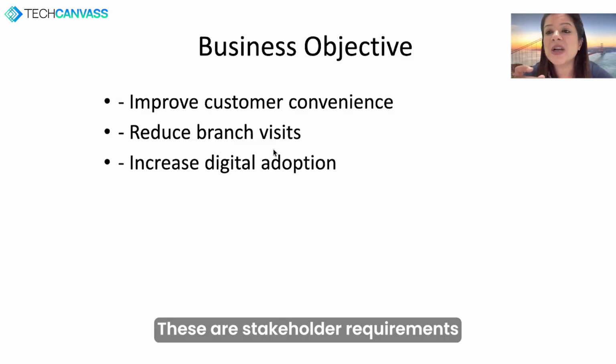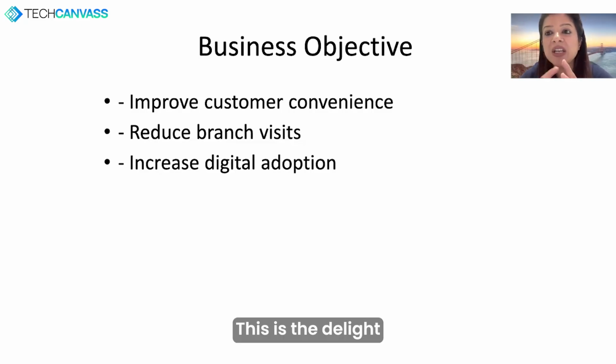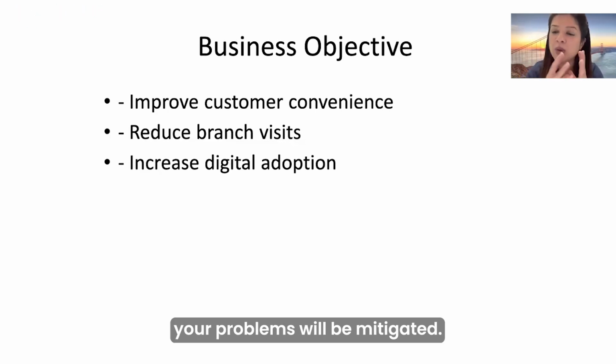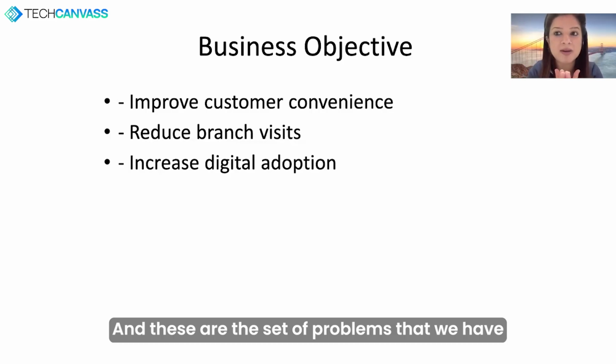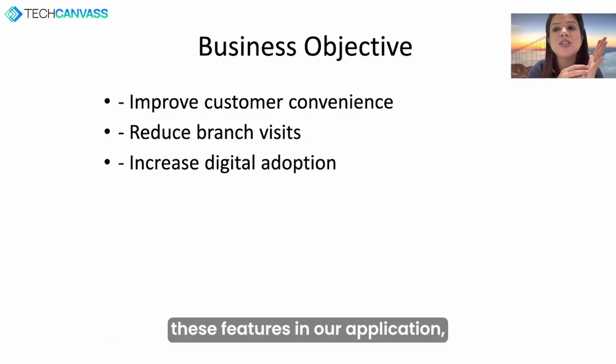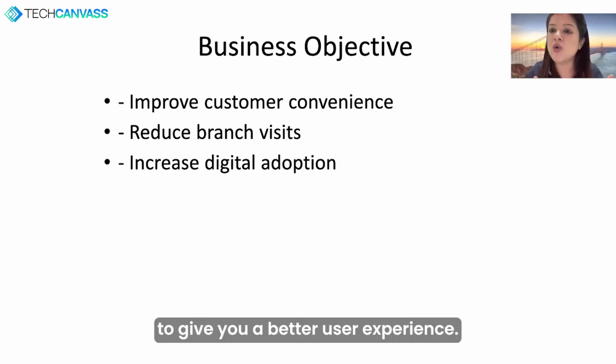These are stakeholder requirements. What a stakeholder wants, this is the delight that we are giving to the stakeholders, that yes, your problems will be mitigated if we give these features in our application, which will make our system capable enough to give you a better user experience.